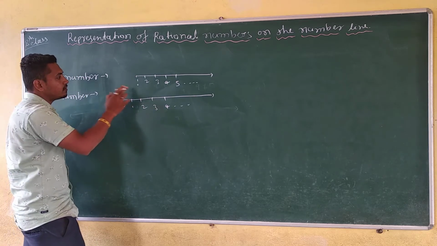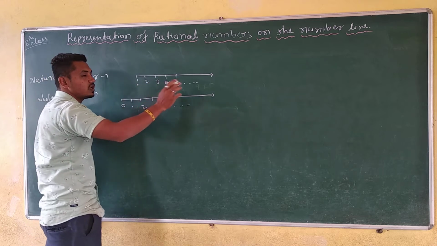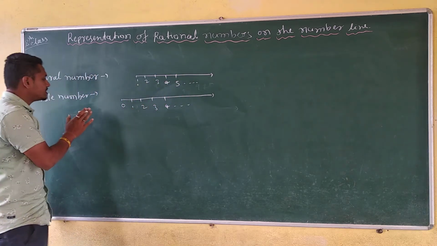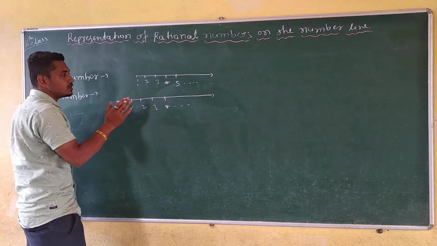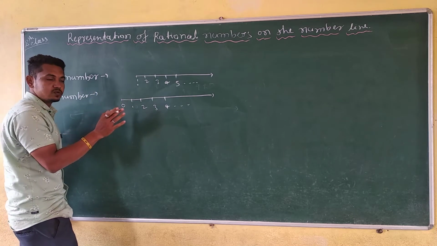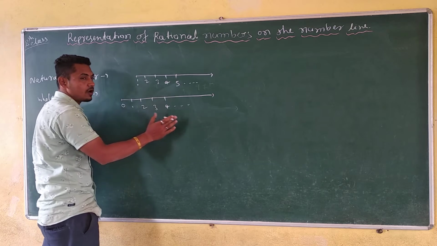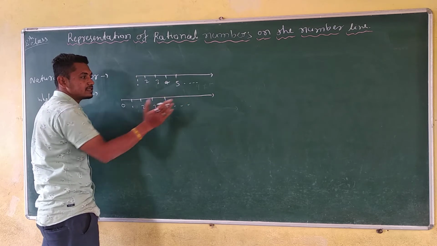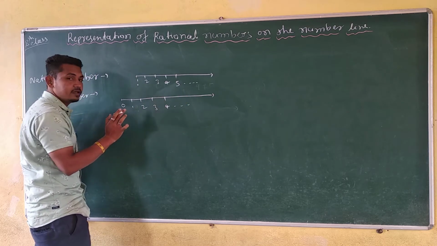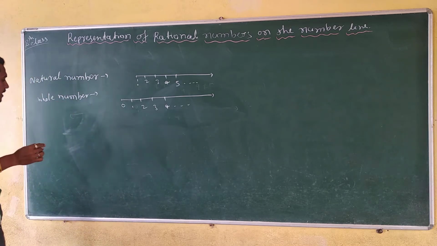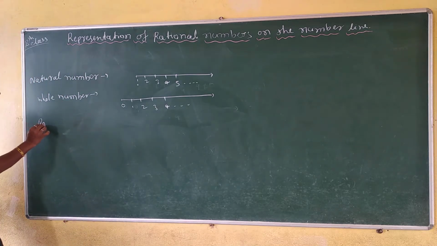Natural numbers only have 1, 2, 3, 4, these are the countable numbers. And what are the whole numbers? The whole numbers are the natural numbers as well as including 0. All these numbers are on the number line on the right hand side from 0.